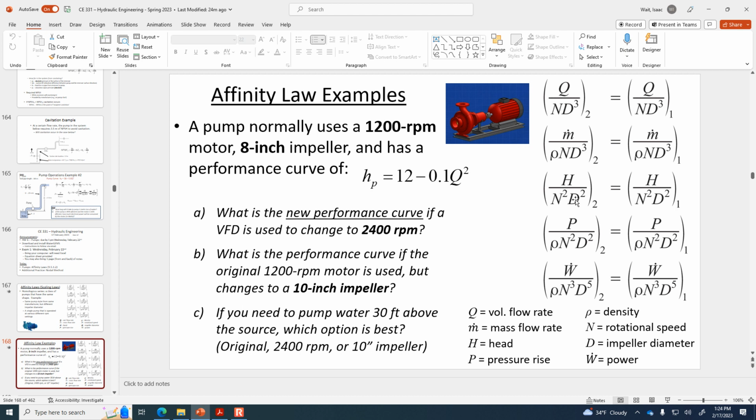And if we actually put in the numbers for that, it's 1200, which is our original rotational rate, squared times H2 divided by the new rotational rate of 2400, and square that.